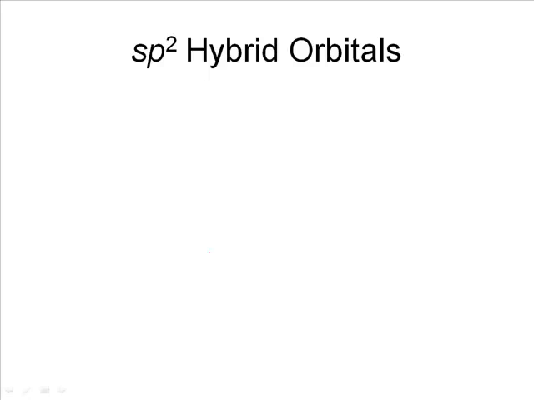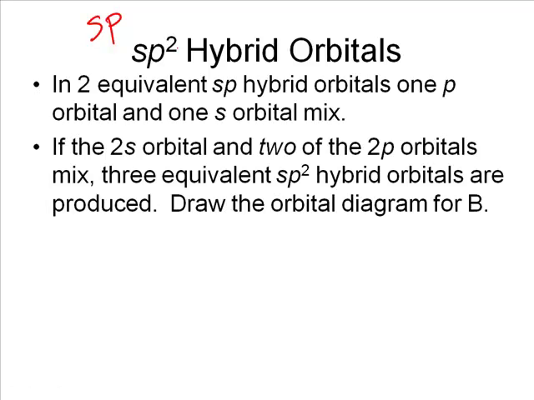Okay, now, one type of hybrid orbital that we've discussed is sp hybrid orbitals. You can also have, this is not pronounced sp squared, this is called sp2. In an sp2 hybrid orbital, you basically get this, where you've got something such as boron.